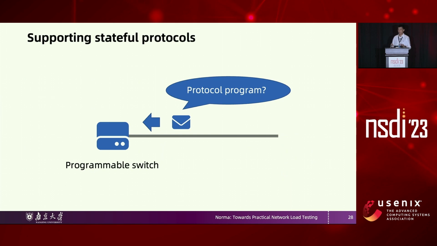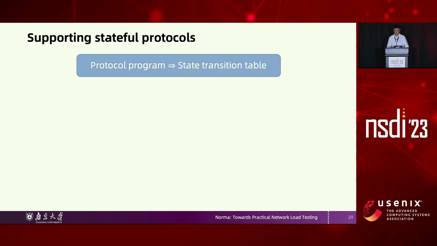So how do we support a stateful protocol? In general, this is like letting a programmable switch emulate a protocol program. This program can be written as a state transition table.